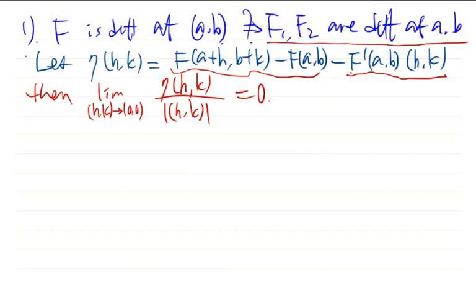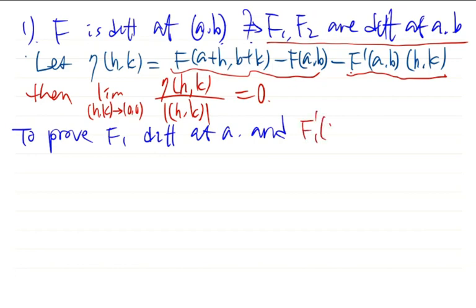Now to prove f1 is differentiable at a, we want to prove that the derivative of f1 at a acting on h is equal to the derivative of F at (a, b) acting on (h, 0). This is the result we will prove to be true.